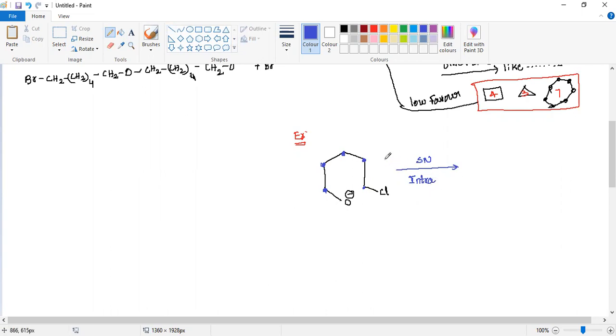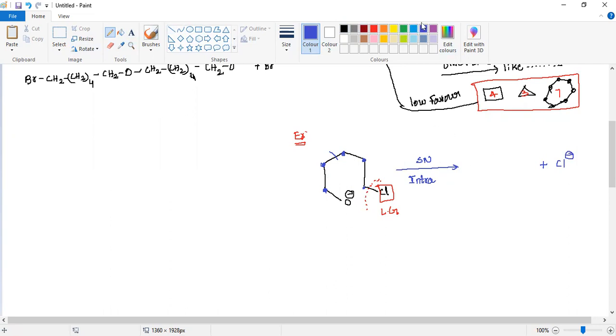Then what happens here? Where is the leaving group? This one is the leaving group, isn't it? It breaks down and moves out as Cl minus. The remaining compound can be connected over here.